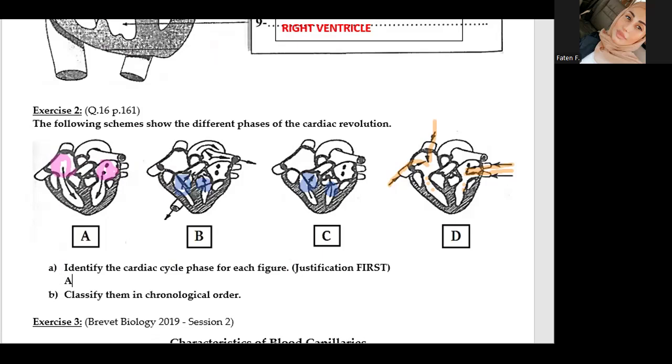Let's start with A. Since the blood is, okay, here let's mention that it's a contraction.